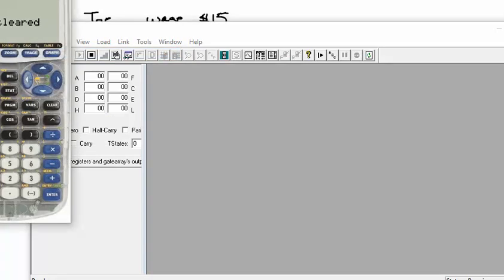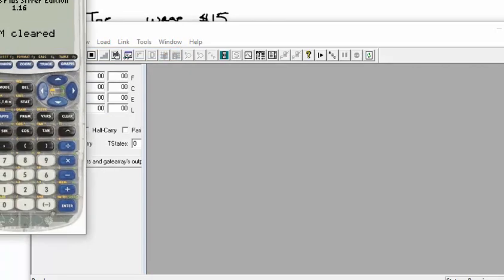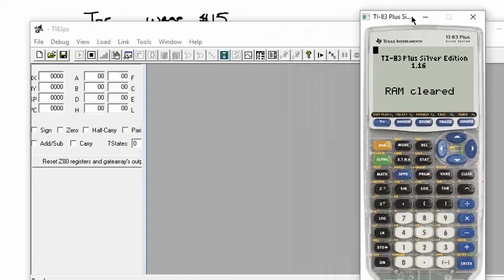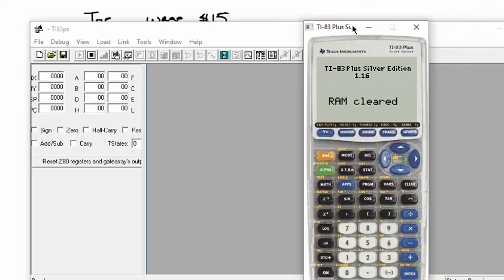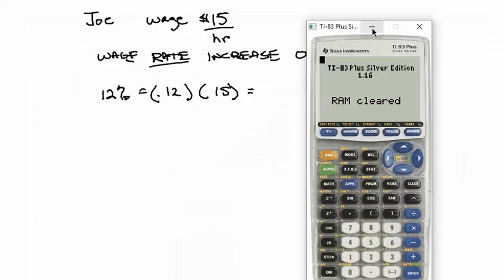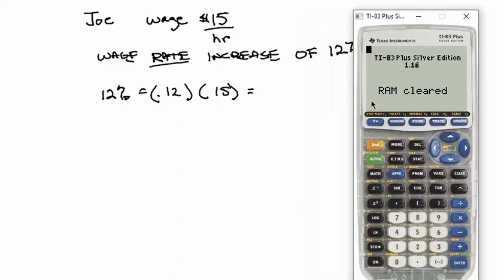So we have our calculator. Grab that real quick, bring it over. We'll go ahead and minimize this. Okay. So we're simply going to go 0.12 times 15, which gives us $1.80.